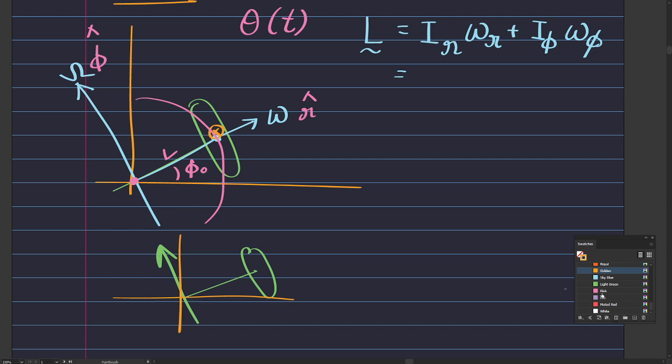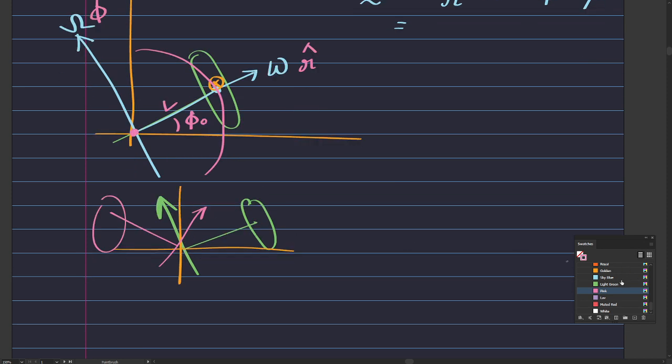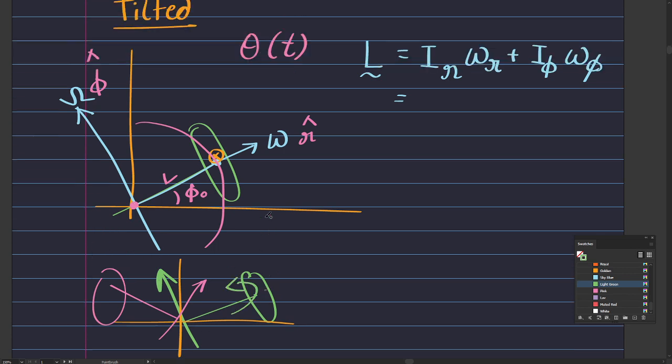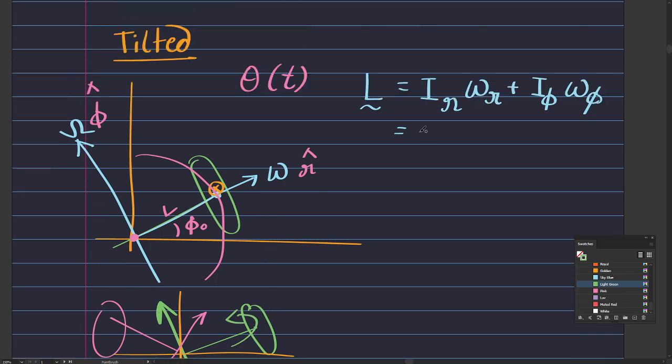When the wheel comes in the opposite direction, the axis would go like this, but instantaneously it would move as if the axis is still and it is moving like this. So the situation is exactly similar. It would not change at all.